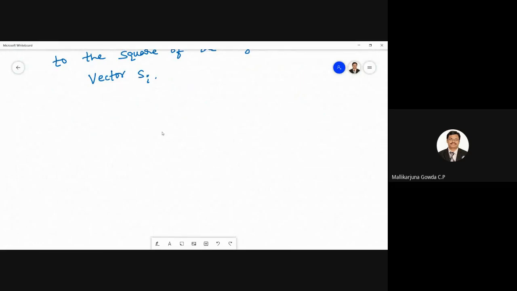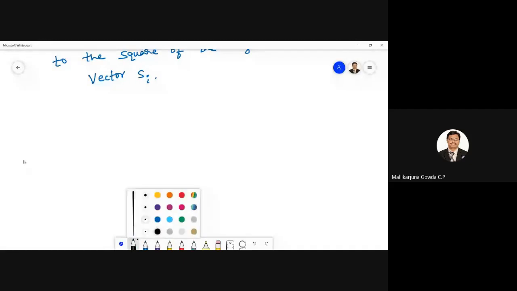If I consider Si and Sk as a pair of vectors representing the signals Si of t and Sk of t, then the Euclidean distance, you all know how to find the Euclidean distance?